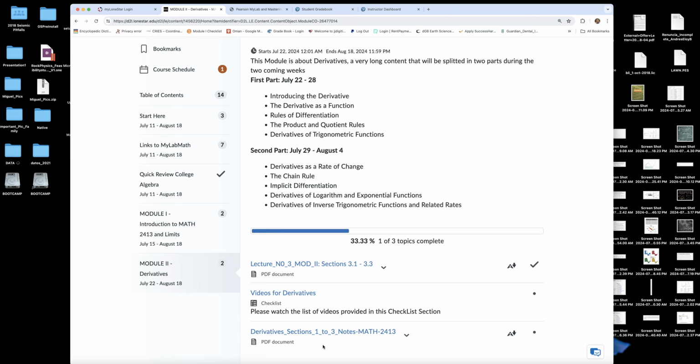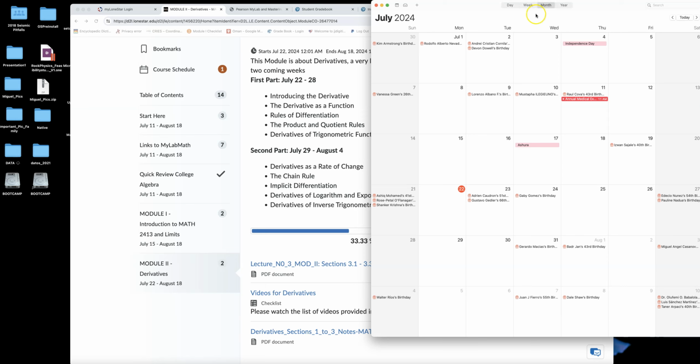Well, so this is all I had to give you in this update this Monday, July 22. Okay, let me open the calendar very quickly. So we are here. 24 is an important day, the due date for the assignment of module number 1.